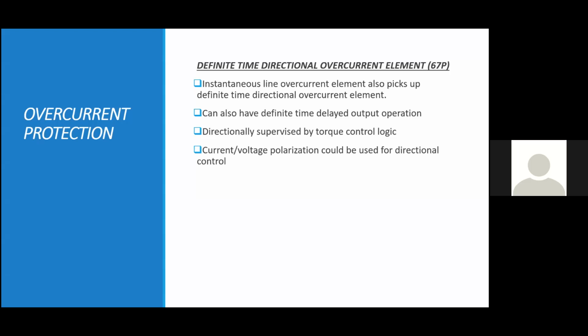For supervising this relay element, we use a torque control equation. This torque control verbatim is taken from the mechanical relays. The torque control equation generally uses current polarization or voltage polarization elements.